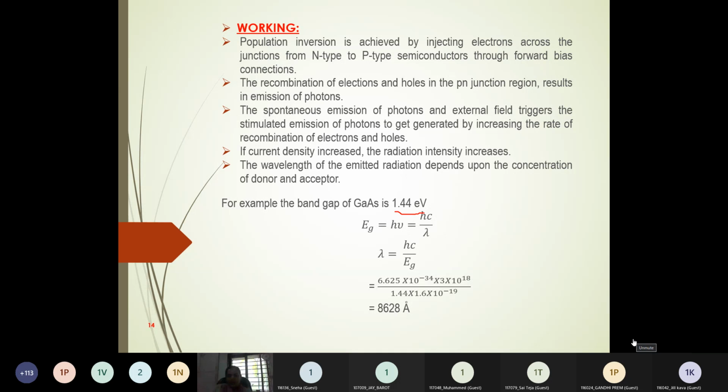This wavelength corresponds to which color? Do you remember the yellow color wavelength? I hope, students, I'm audible to you all. Yes, I'm waiting for your reply.